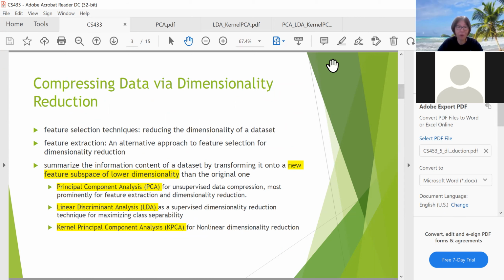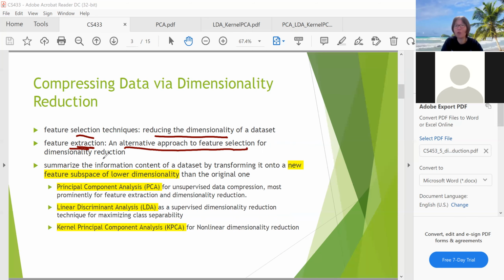Okay, the concept. Feature selection reduces the dimensionality. Feature extraction is an alternative approach to feature selection, so the purpose is also dimensionality reduction.